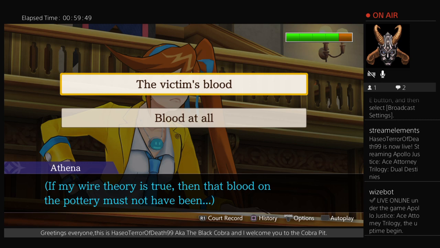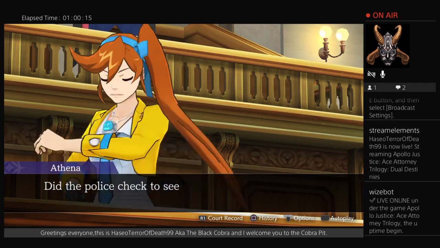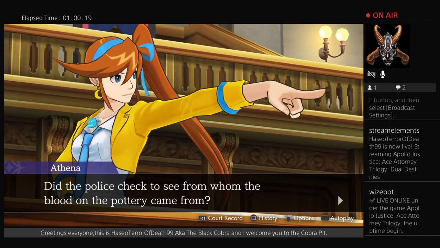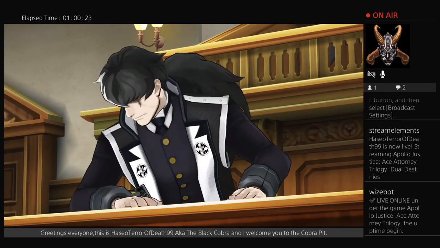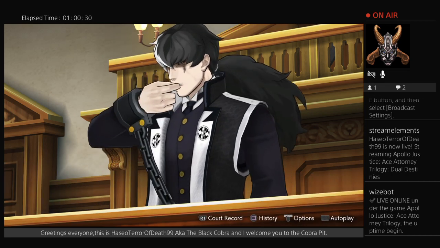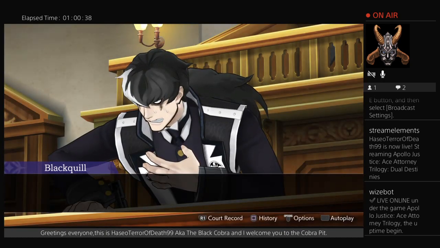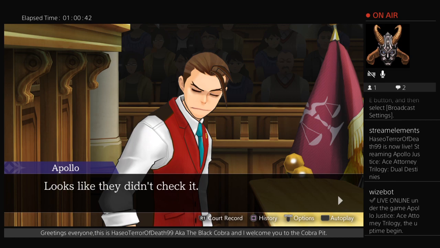If my wire theory is true, then the blood on the pottery was not the victim's blood. Maybe it was not the victim's blood. Did the police check to see from whom the blood on the pottery came from? Looks like they didn't check it.